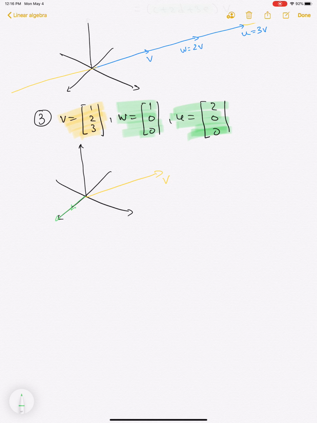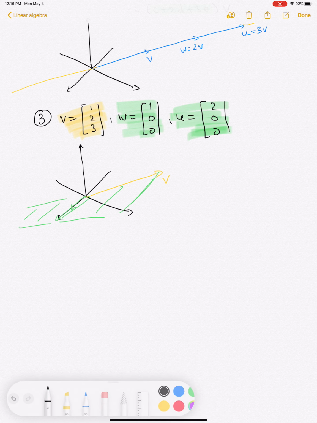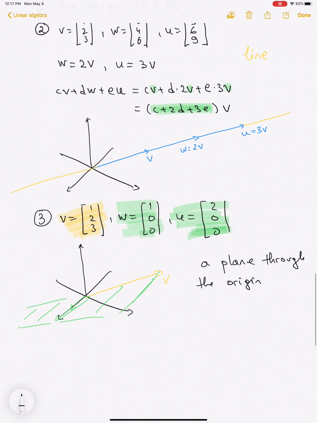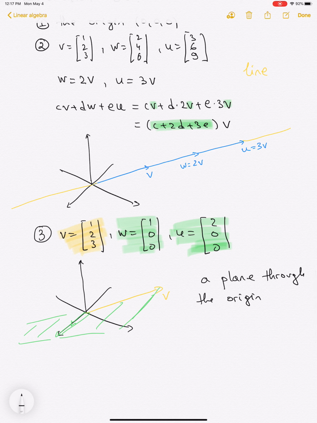So it would be the plane through the origin that contains these vectors. So now we get a plane through the origin. And here, when I said a line above, I should say a line through the origin. That's very important.